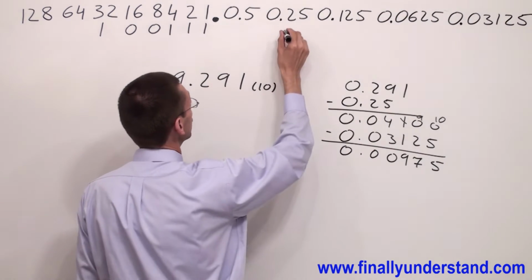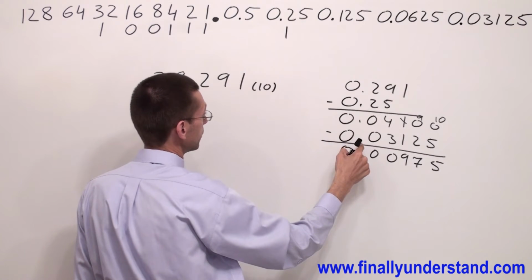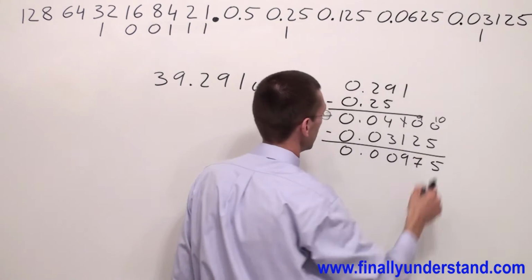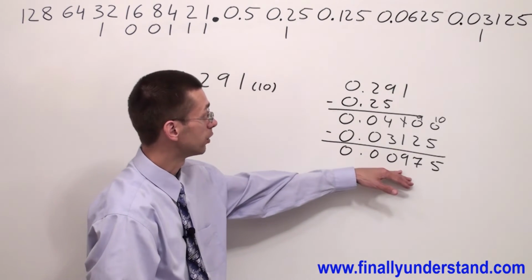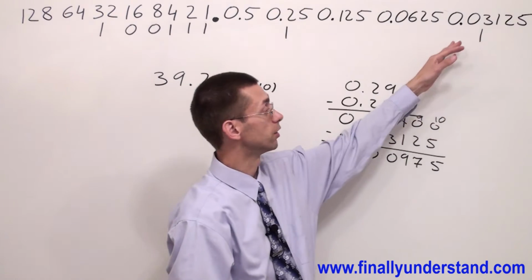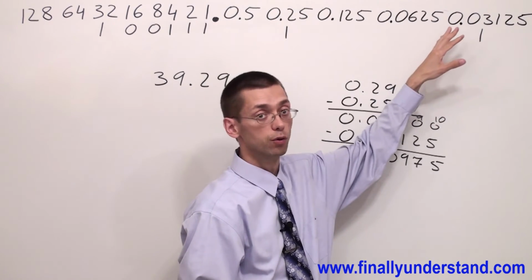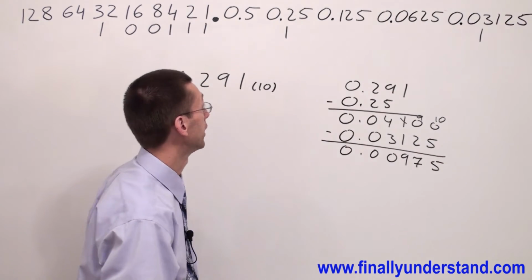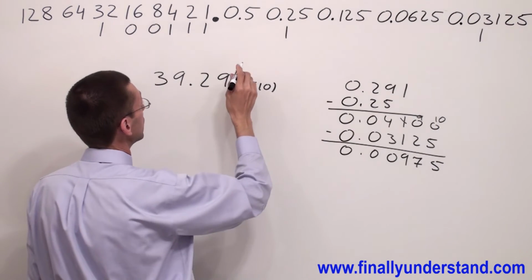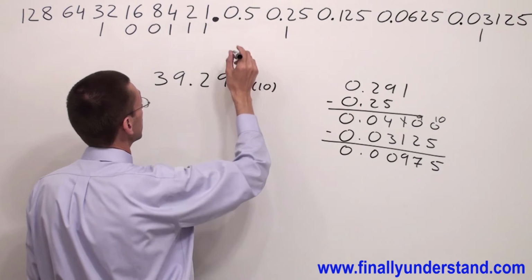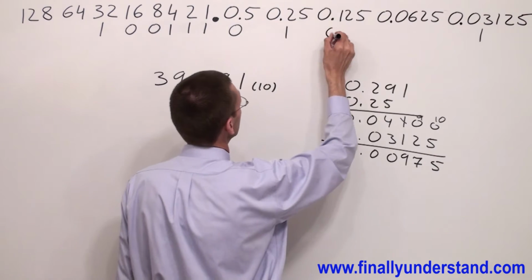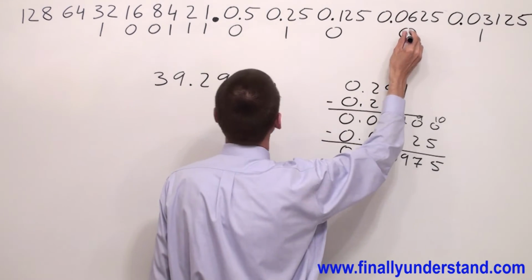So let's take a look at what we subtracted. We subtract 0.25 and we subtract 0.03125. Now this value is less than the lowest value of the weight on my board, and we said we want to keep just 5 binary bits. That's why I'm going to stop at this moment and simply fill up the empty spaces by zeros.